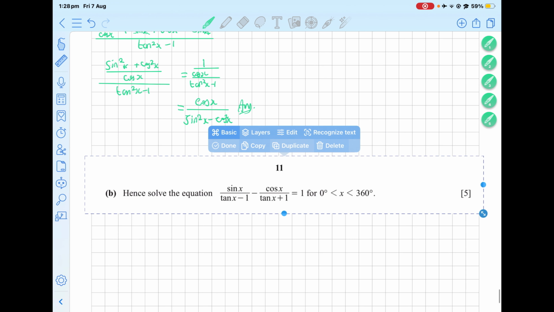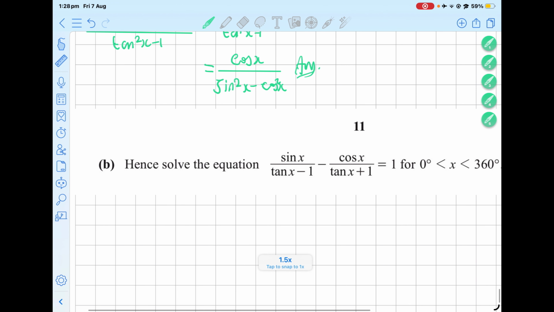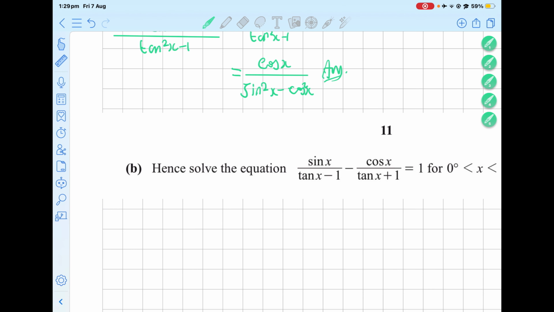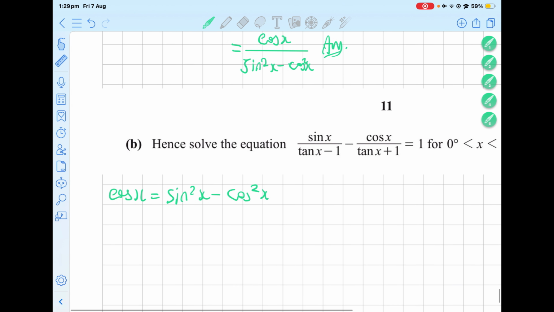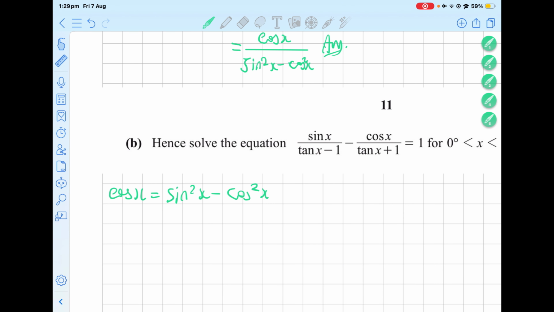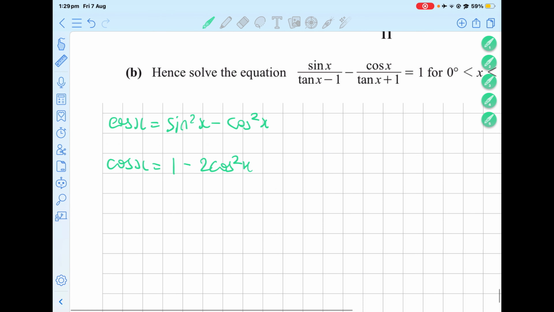So solve this for this. So basically I'm saying that cos x is equal to sin square x minus cos square x, and then sin square x I could write as 1 minus cos square x. So this is cos x equals 1 minus 2 cos square x.